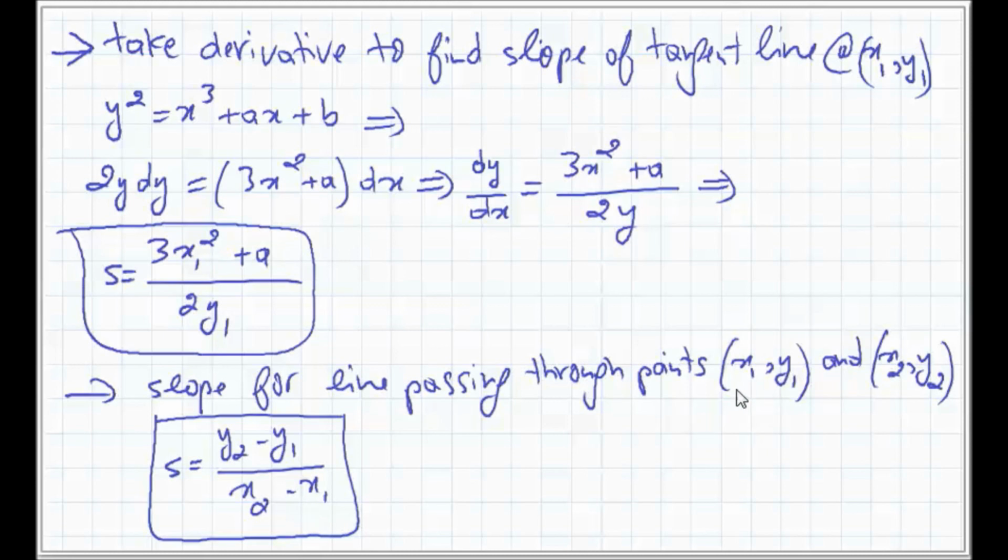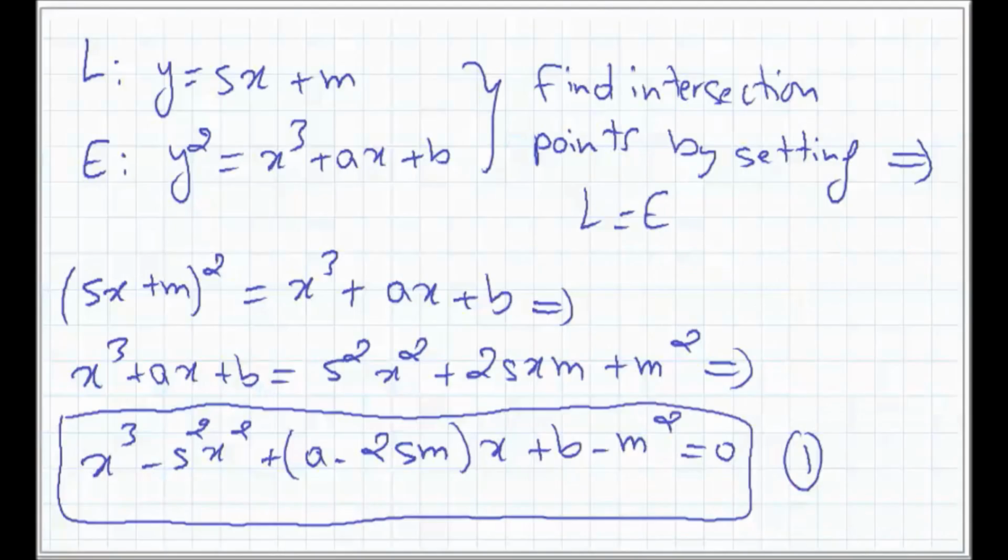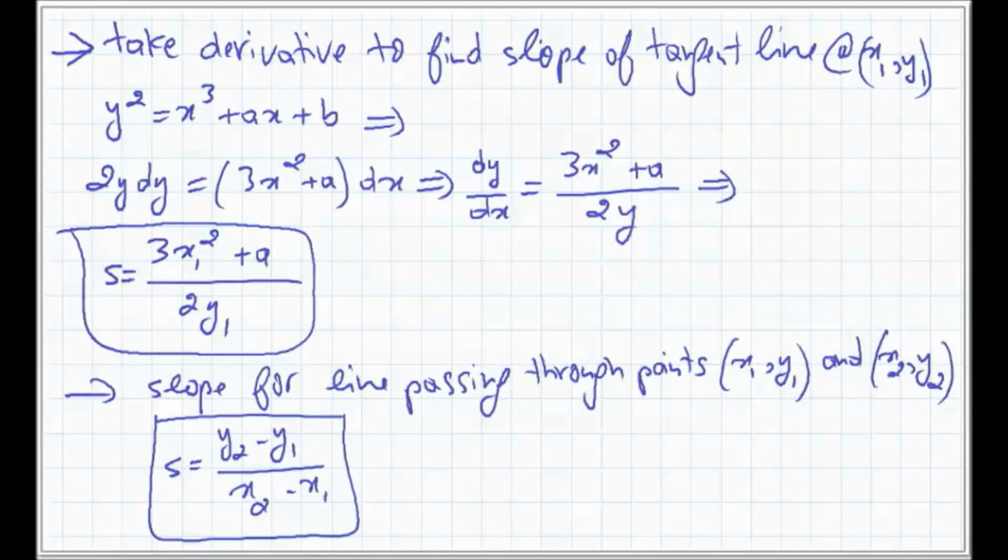So (x1, y1) is P and (x2, y2) is Q. And in the case of point doubling, we take the derivative to find the slope of the tangent line at (x1, y1), here at P. And this is the equation of the elliptic curve: y squared is equal to x cubed + ax + b.